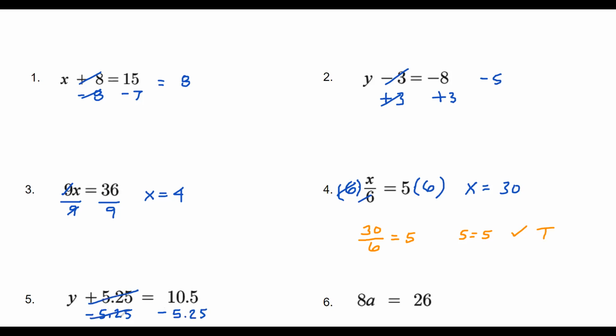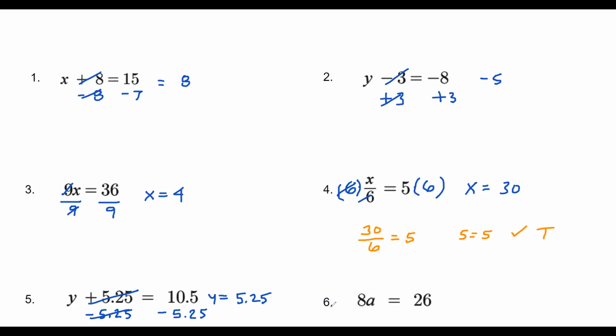That cancels this out. And we subtract 5.25 from 10.5, and we get 5.25. That's just a coincidence that our answer happens to be the same number that we used for subtraction, but just a demonstration that this process works with decimals as well.